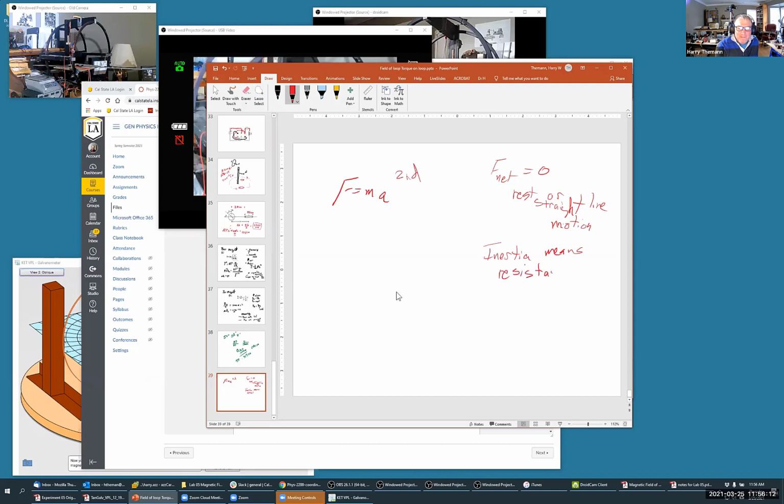So we're looking for a change, and we want to accelerate something. To get that acceleration, we have to exert a force. You notice that the bigger m is, as m increases, a decreases.